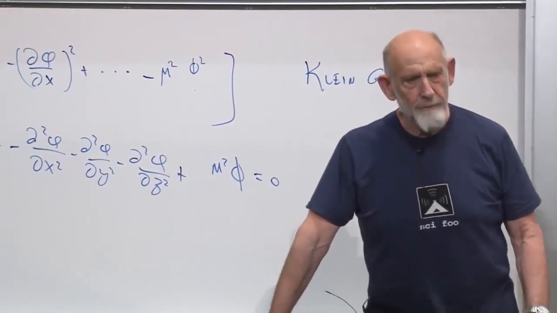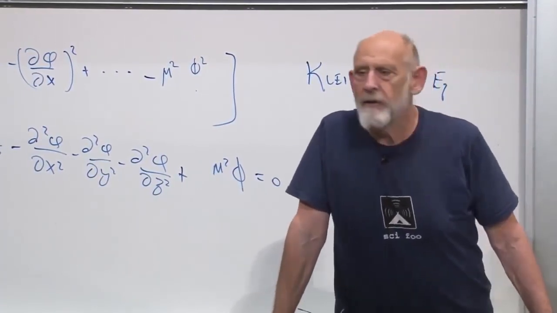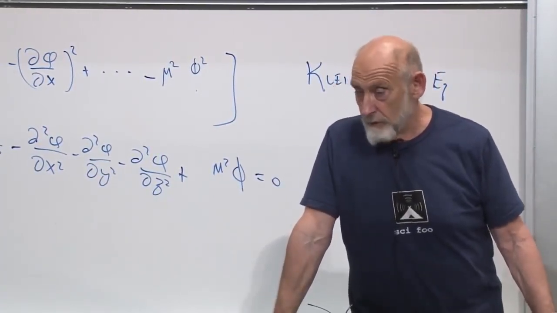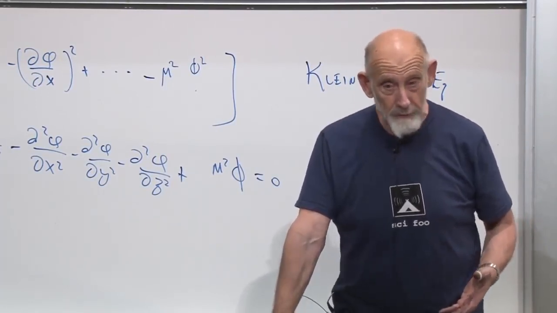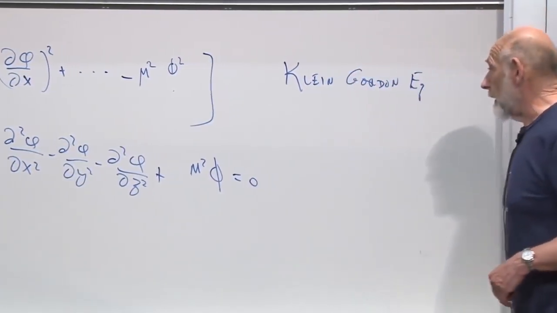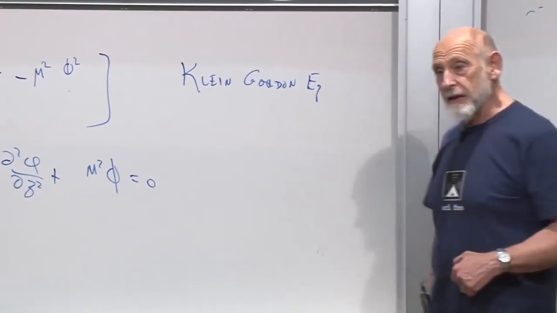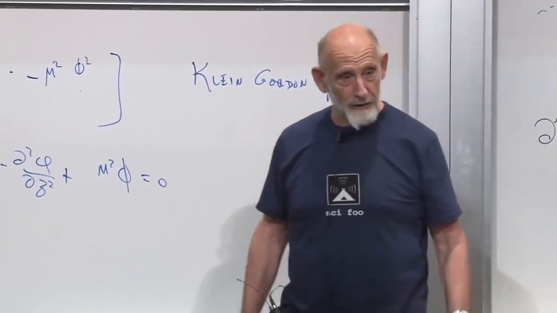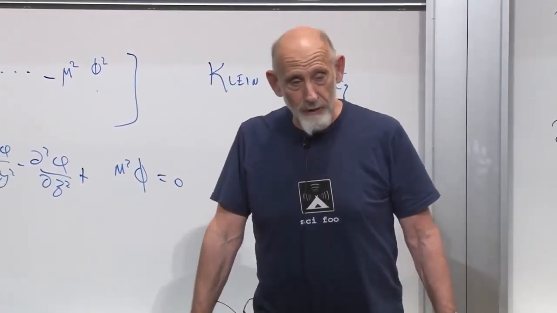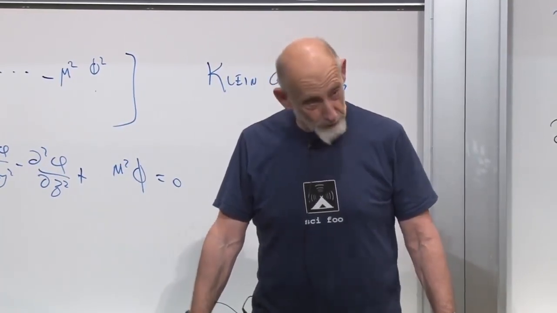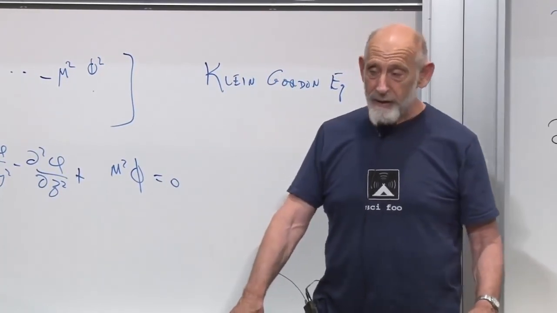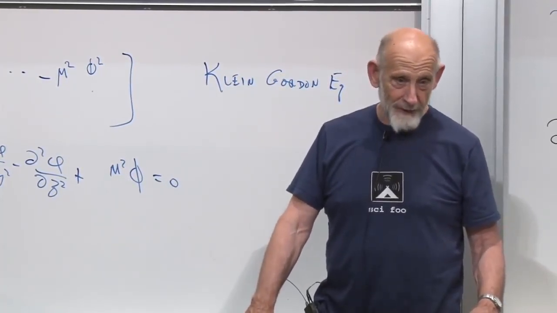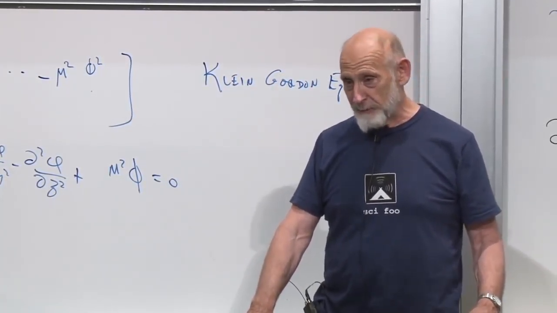This was their attempt before Schrodinger to write down the equation for a quantum mechanical particle. They made the mistake of trying to be relativistic. Had they not tried to be relativistic, they would have written down the Schrodinger equation and been very, very famous. They wrote down the relativistic version of it and became much less famous.